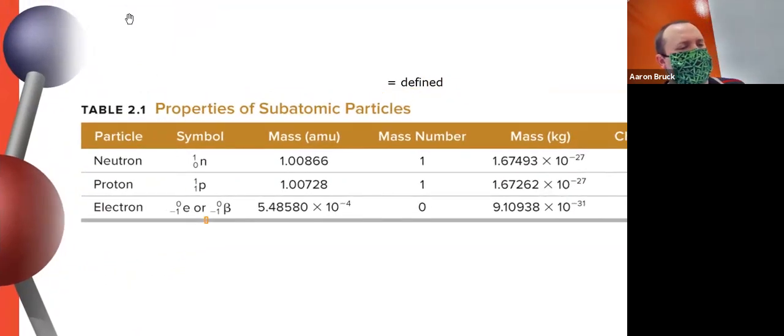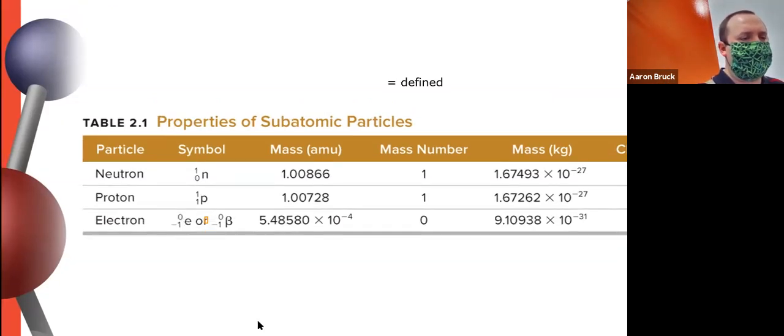So for example, this kind of symbology that is being shown here, this is very common in nuclear chemistry. What we have in this symbology is a top number, a bottom number, and a symbol.